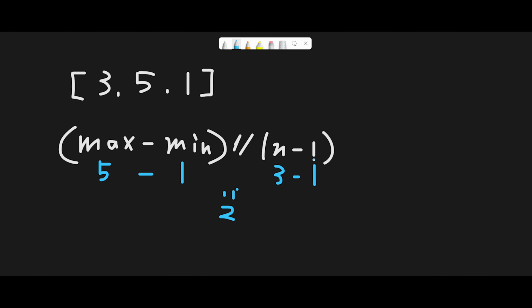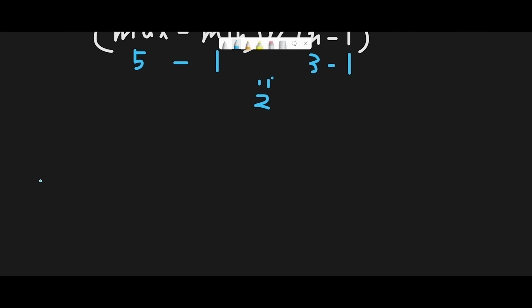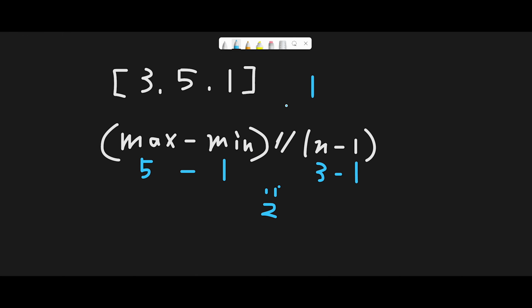Somebody may be wondering why we need the minus 1. If we sort this, we will get 1, 3, 5, right? We start from 1, and the difference between 1 and 3 is 2, and between 3 and 5 the difference is 2.